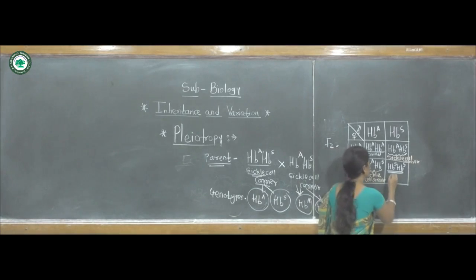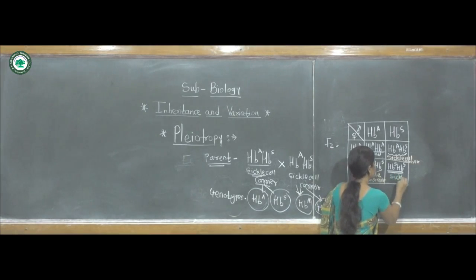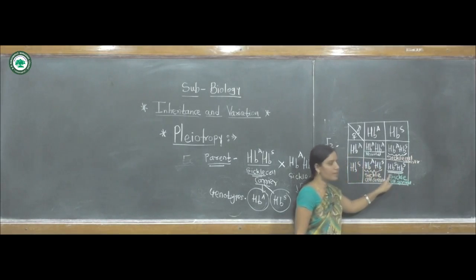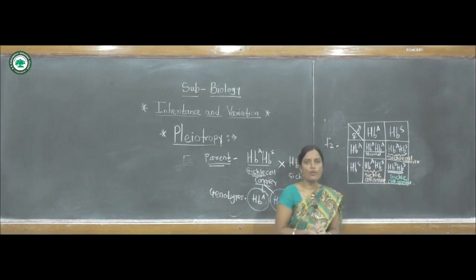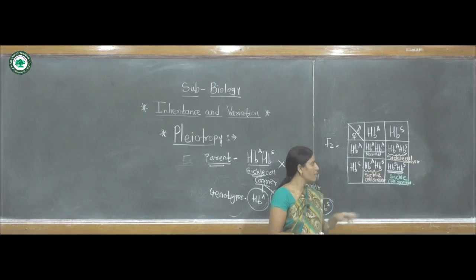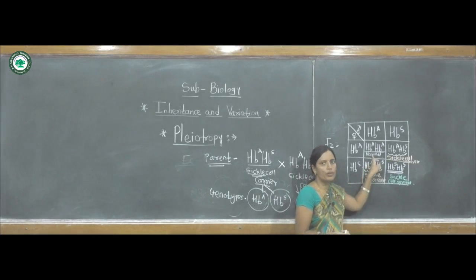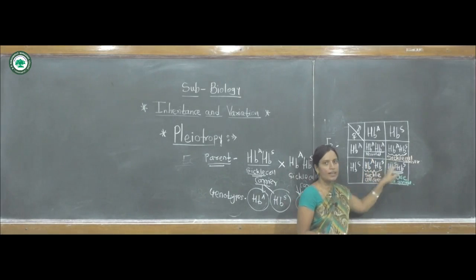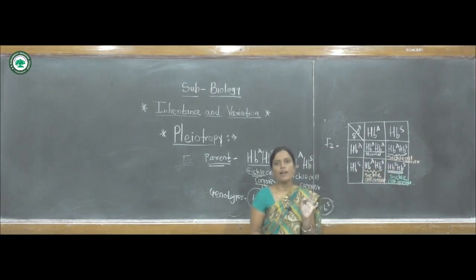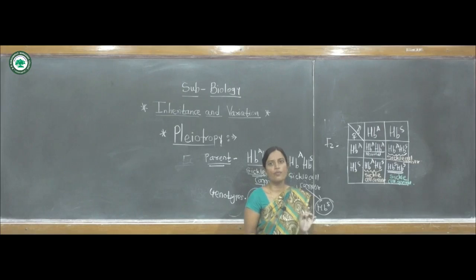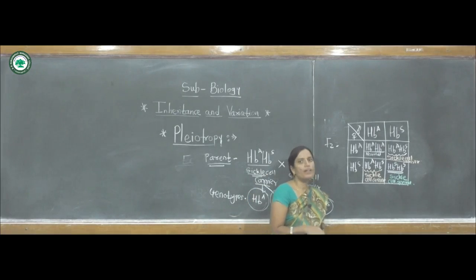Sickle cell anemia means this offspring is produced and this offspring dies. There are four types of offspring produced: one is normal, two are sickle cell carriers, and one is anemic, meaning the fourth offspring has the anemia disease.